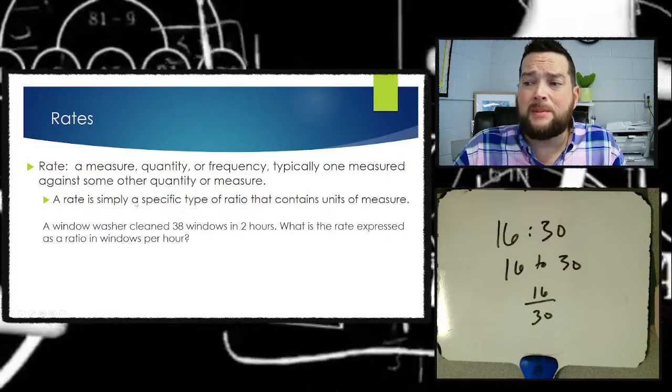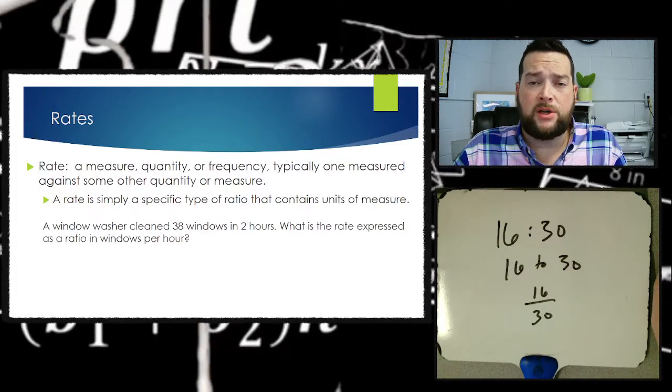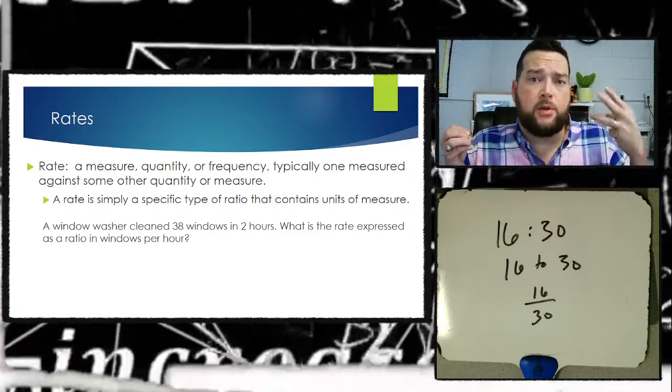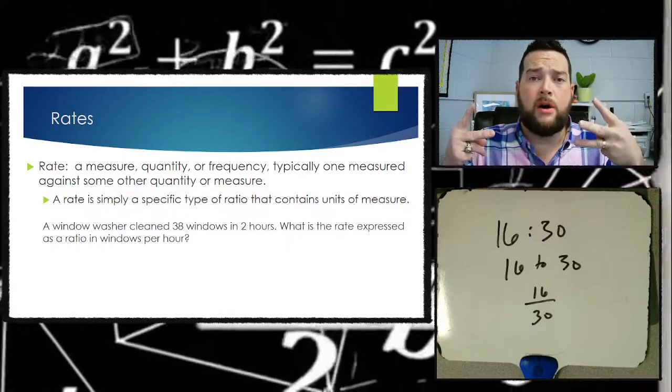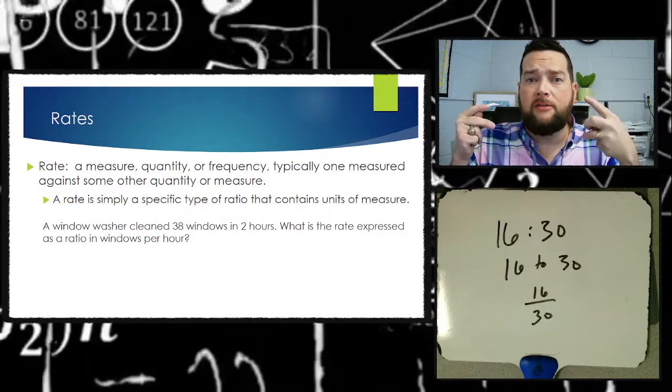Now, I think it's more simply understood by this second definition: a rate is simply a specific type of ratio that includes units of measure. If we're comparing apples to oranges, like Sarah has 3 apples for every 2 oranges, that's a ratio because neither of those numbers is a unit of measure.